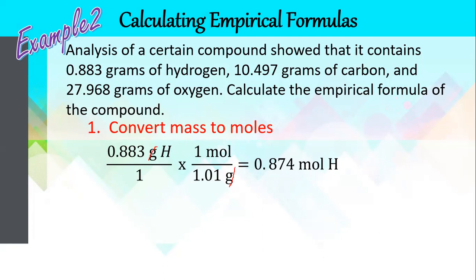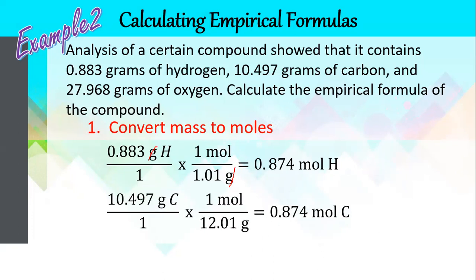Next we have carbon. The given is 10.497 grams of carbon divided by the atomic mass of carbon, which is 12.01 grams per mole. Once again, you can cancel out the grams, and we come up with 0.874 mole of carbon.